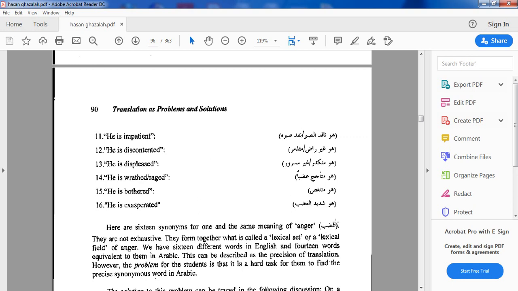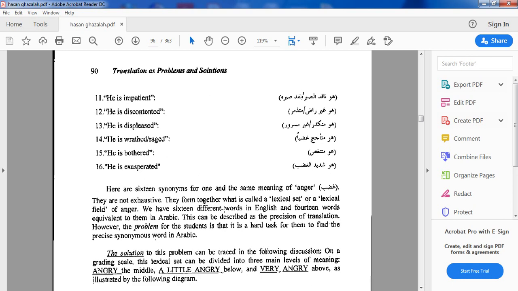It means غضب in Arabic. And they are not exhaustive. We have other words that lead to the main meaning of anger. So the list has other words referring to the meaning of anger in English. Together they form what's called the lexical set or lexical field of anger.